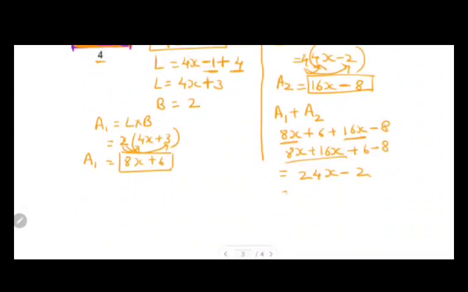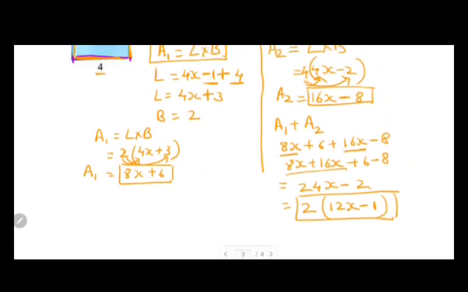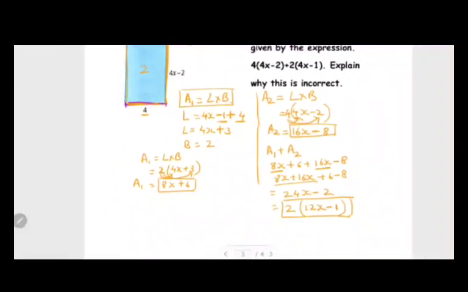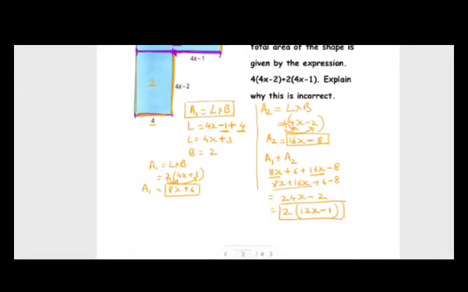Let's factorize it. 2 on the outside, 12x minus 1. That's the actual area. Both the answers should look the same.